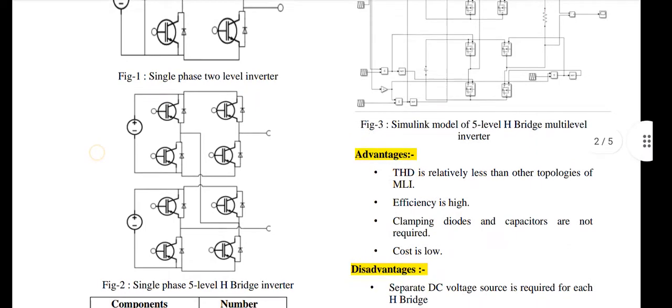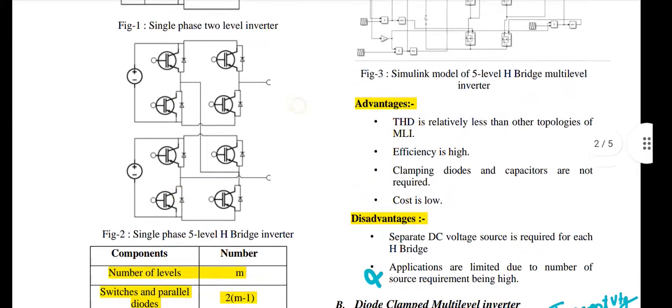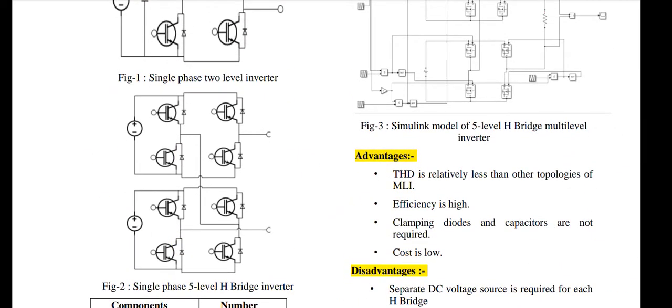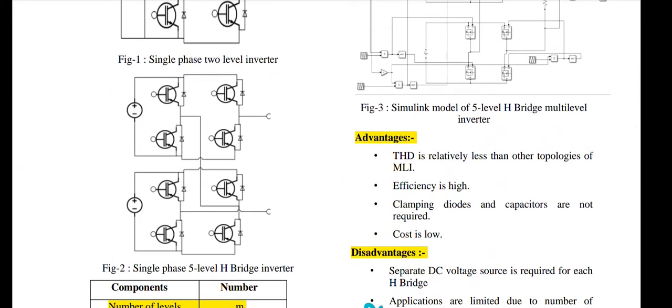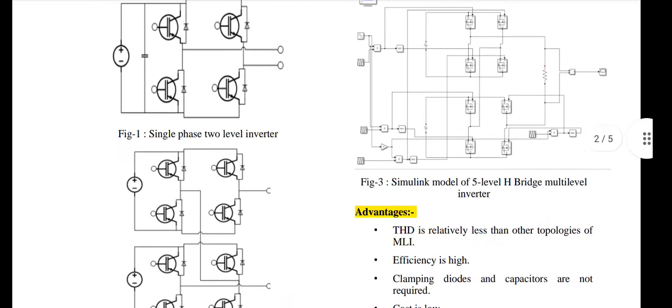This is one H bridge, this is another H bridge. Here you can see two H bridges, each having an input. Suppose these inputs have the same value, meaning 5 volt and 5 volt, then it is called a symmetrical H bridge multi-level inverter, and if not, then it is an asymmetrical H bridge multi-level inverter.